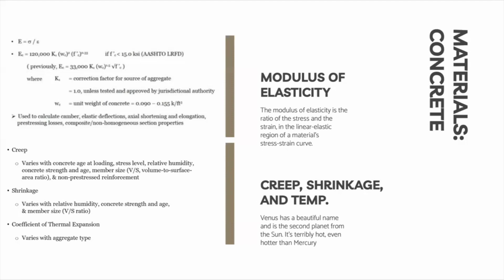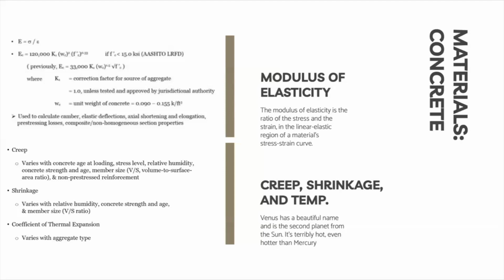For concrete strengths below 15 ksi, it can be calculated using the formula Ec equals 120,000 K1 times wc squared times F'c to the 0.33 power, where K1 is a correction factor for aggregate source, generally taken as 1 unless specified by the jurisdictional authority.